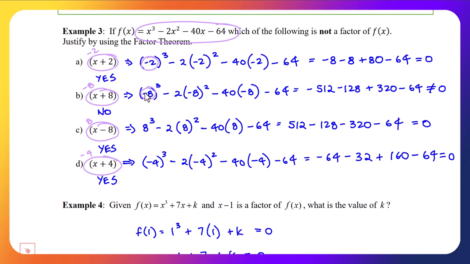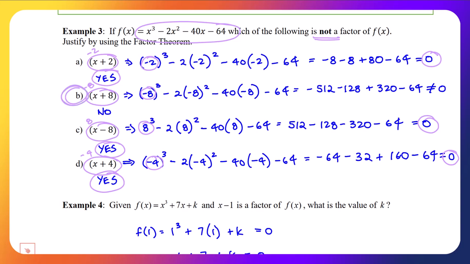So I plug in those values, and I'm careful about parentheses and order of operations. This one gives me 0, this one gives me 0, this one gives me 0, so these are all factors. But the question, which one is not?